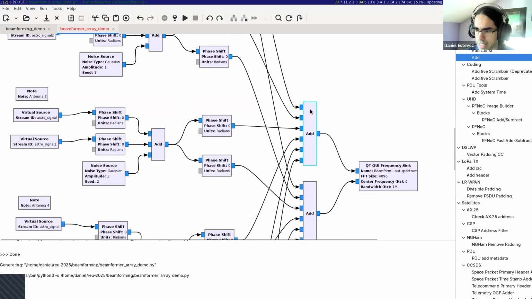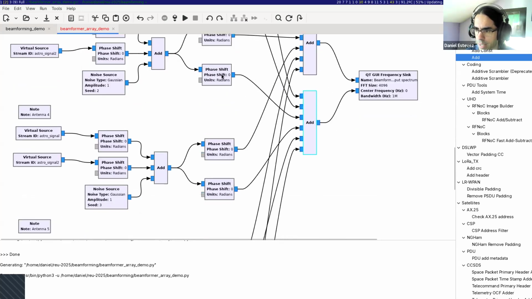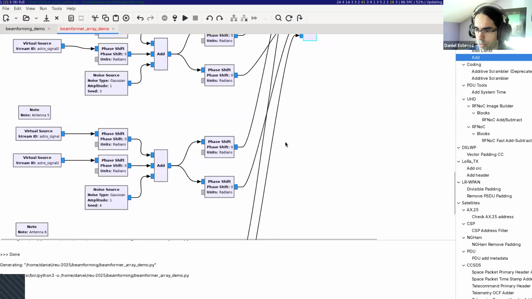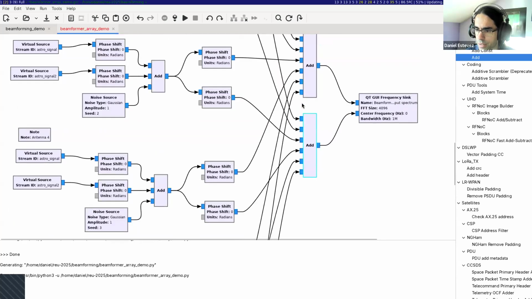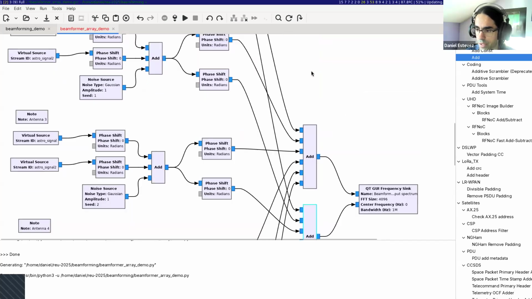I'm adding the 6 signals from the 6 antennas after the appropriate phase shift. And on the second beamformer, I'm adding the signals from all the antennas after the phase shift.